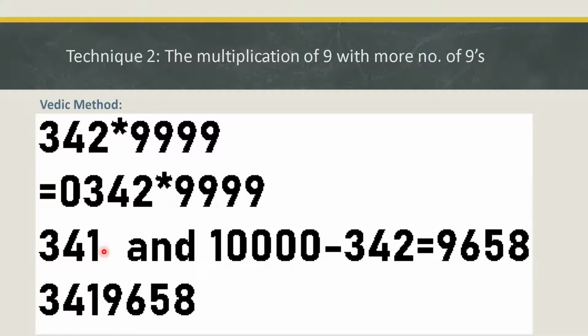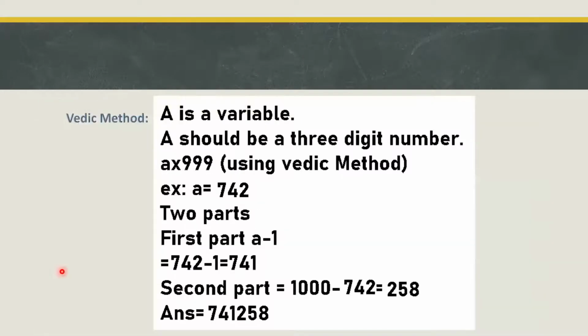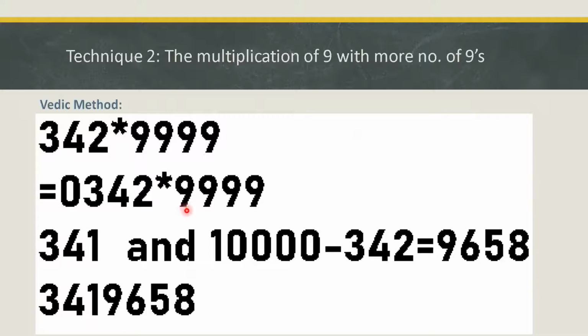The first part is 341. We use the same technique as before: if we multiply 742 into 999, the first part was 742 minus 1. Same here, with 9999 we subtract 1 from 342. 342 minus 1 is 341, and the next part is 10,000 minus 342.